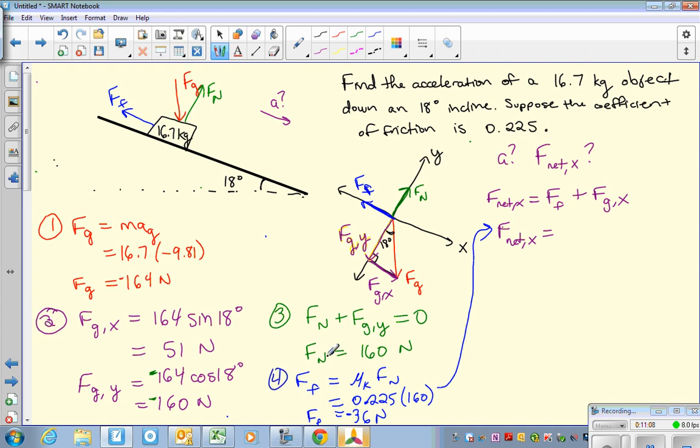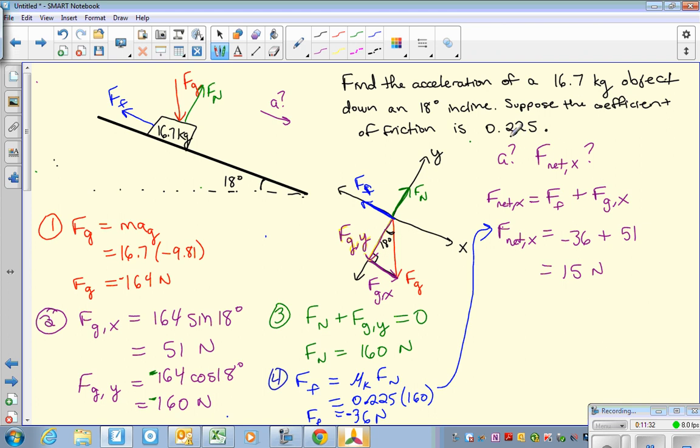So if I write F capital N, that means normal force. I will always write F net for the net force. Friction force we just calculated was negative 36. Gravity force in the x direction, where do we have that, was 51. So if we add those two together, we get 15 newtons.